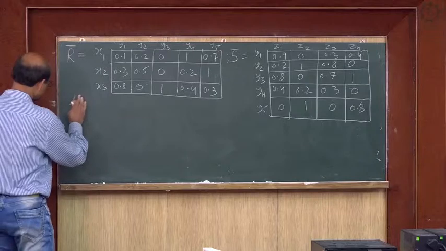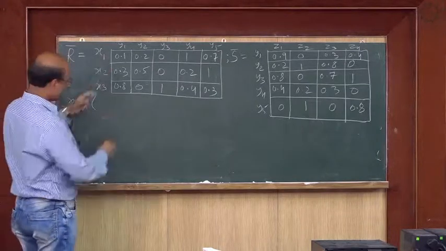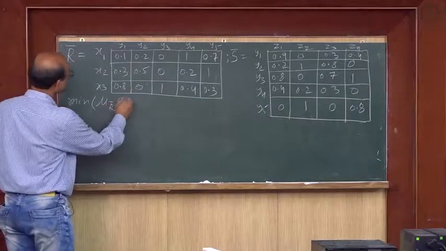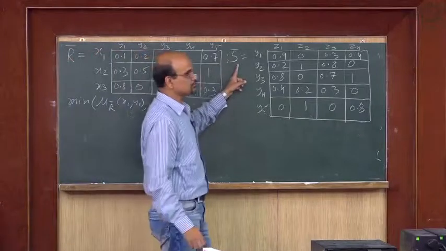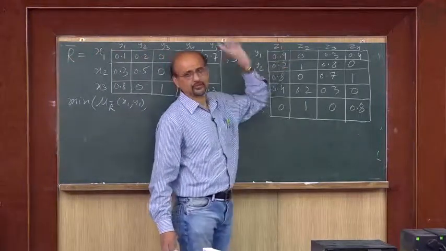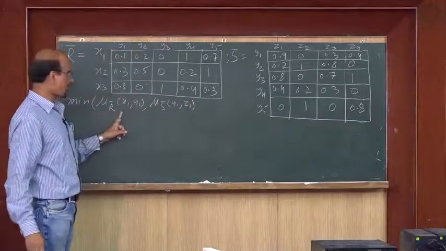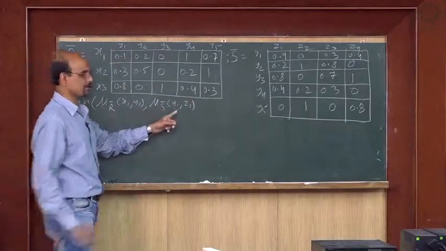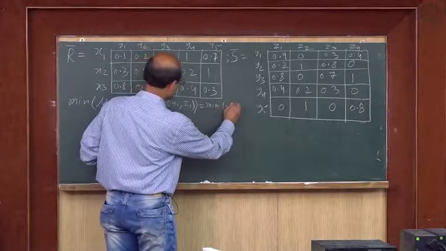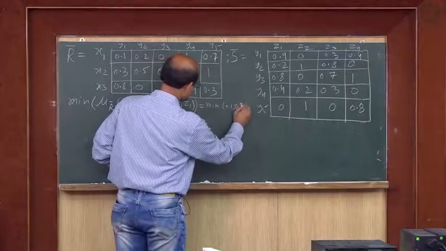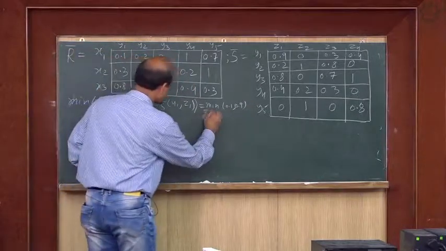I have to take the minimum of mu R bar x1 y1 and mu S bar y1 z1. So what is that? Minimum of 0.1 and 0.9. Is it okay? That is your 0.1.